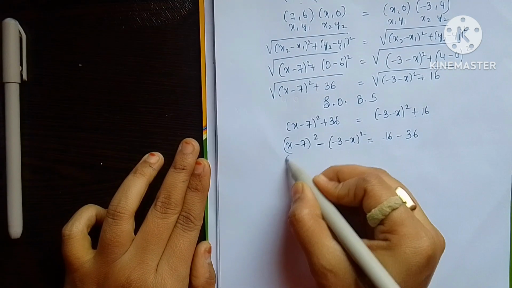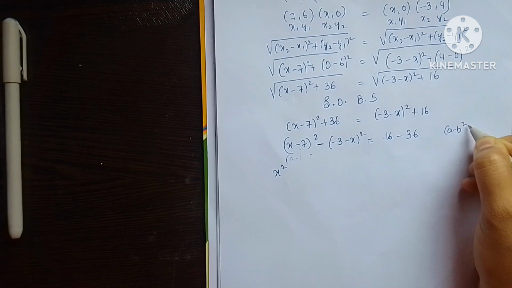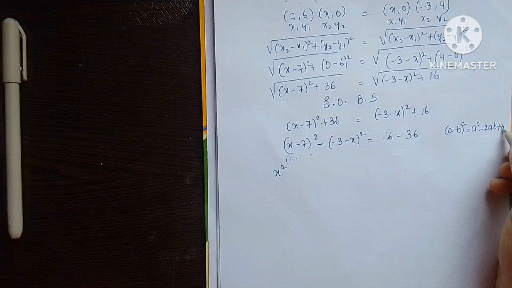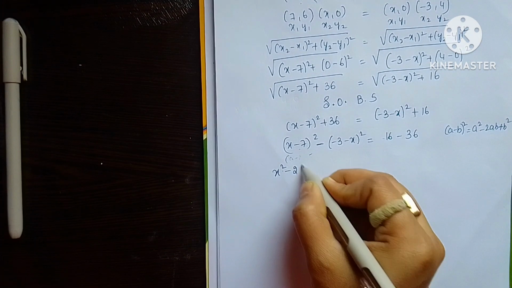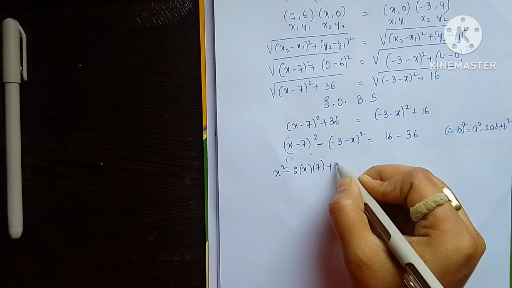It is in the form of (a minus b) whole square, so a square minus 2ab plus b square is the formula.